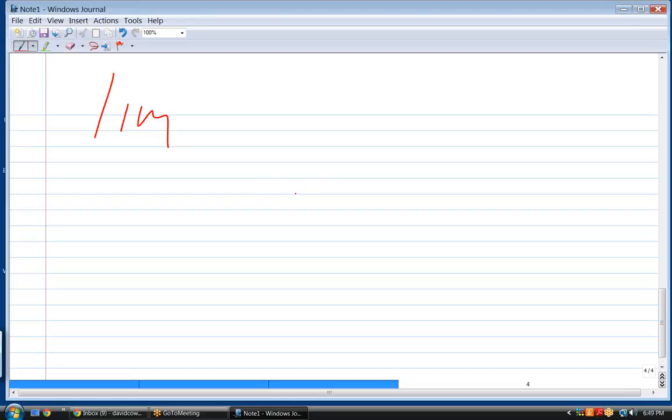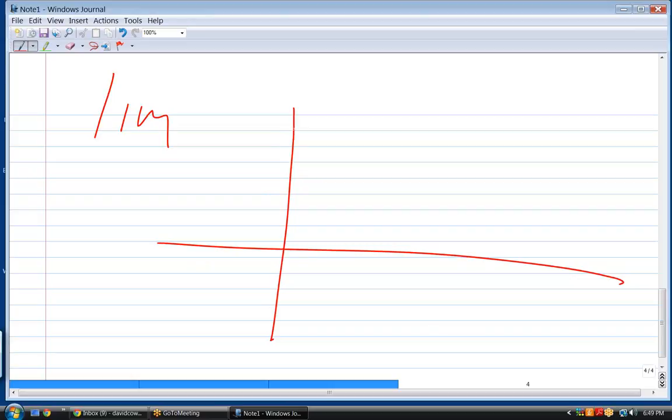Let me give you an example of why limits are important. If I want the area under that curve between this point and this point, we have no way to do that with normal math. I'm looking for this area.